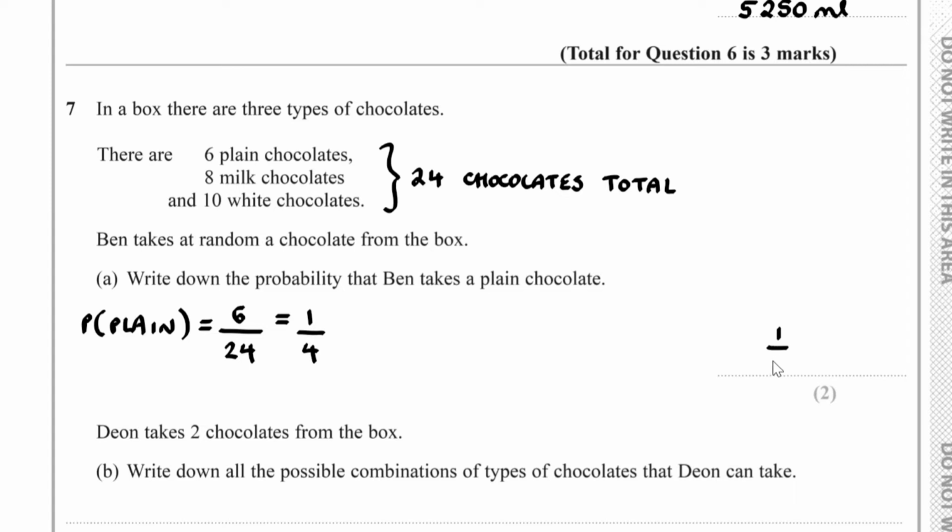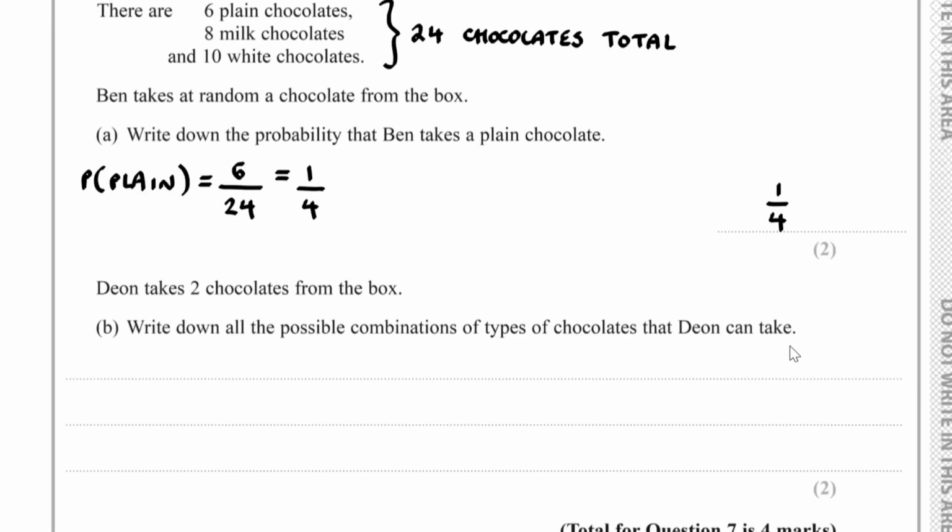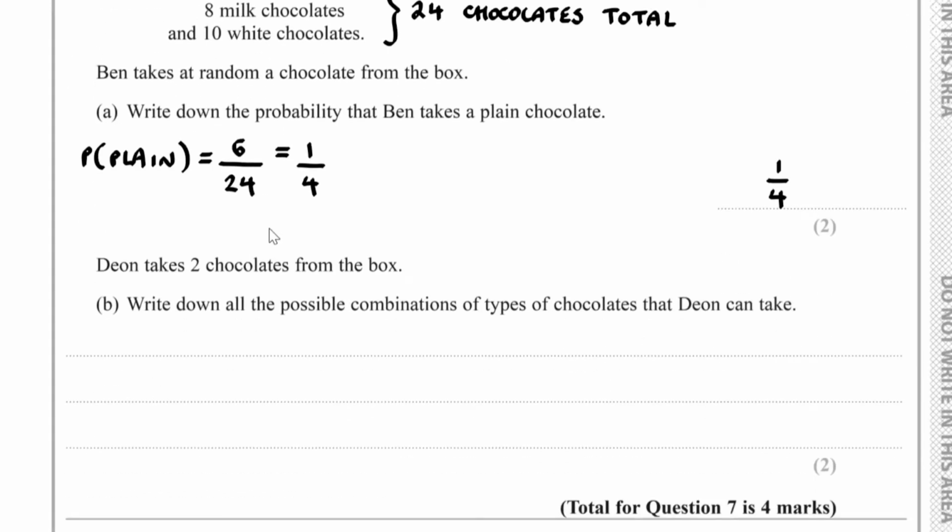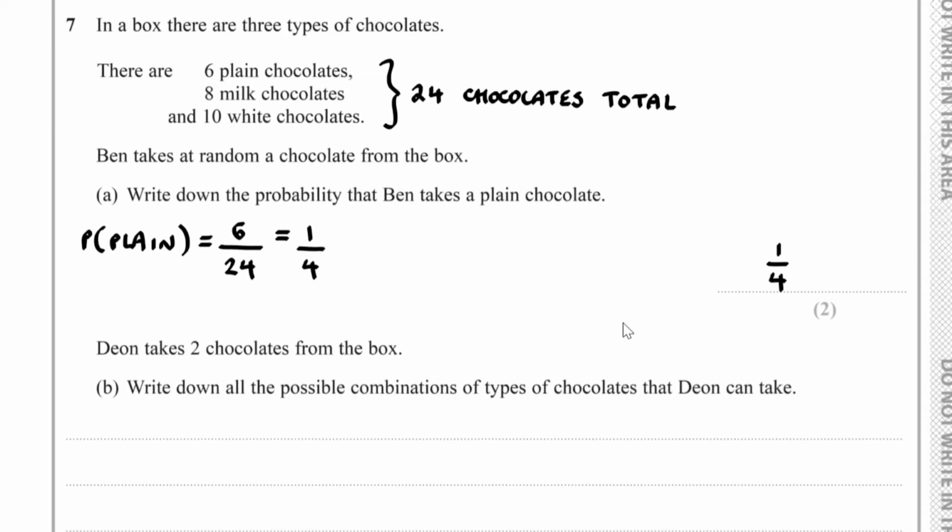So we've got 1/4. Next, Dion takes 2 chocolates from the box. We have to write down all the possible combinations of types of chocolate that Dion could take. Well, he could have a plain and then another plain. He could have plain and then milk, or plain and then white.